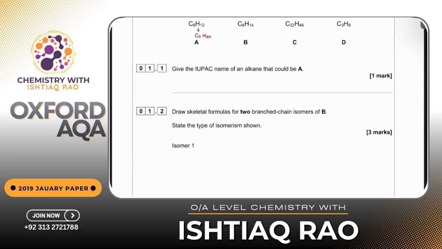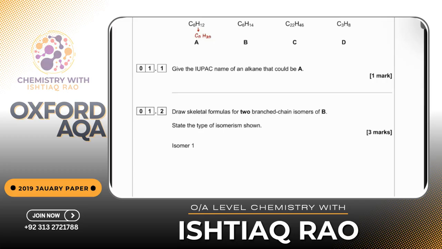And I told you, if you remember, the general formula for alkene is equal to the general formula for cycloalkane. So we can also draw a cyclic structure, because for the cycloalkane the general formula is also CnH2n. And for alkene, of course, this is the general formula, CnH2n.